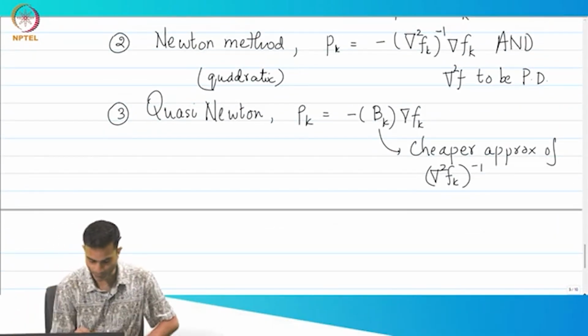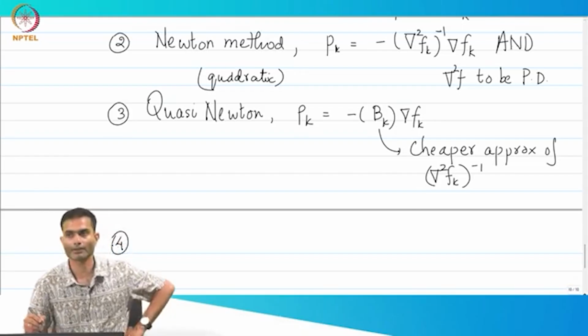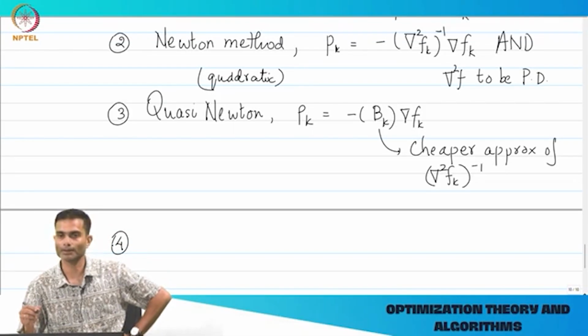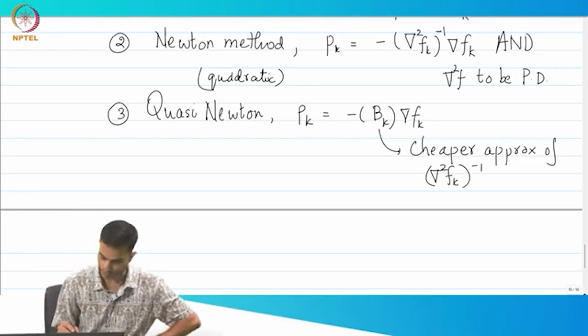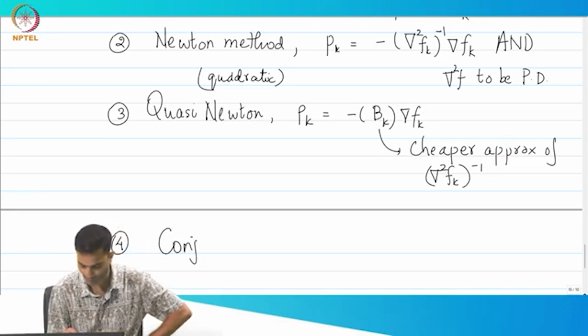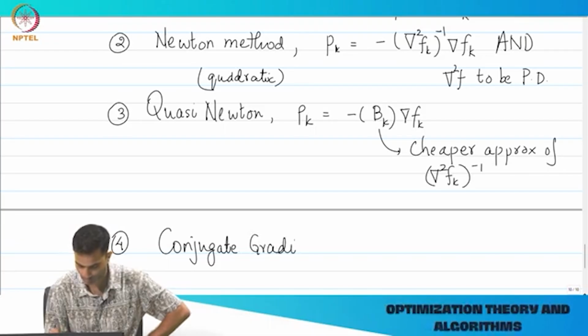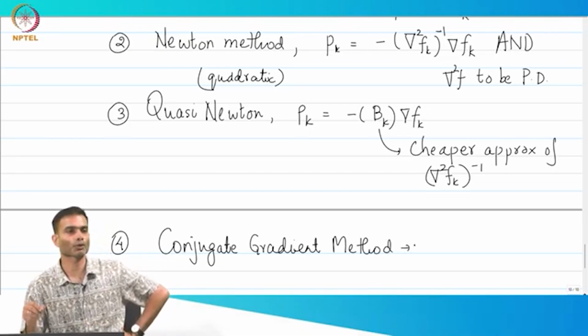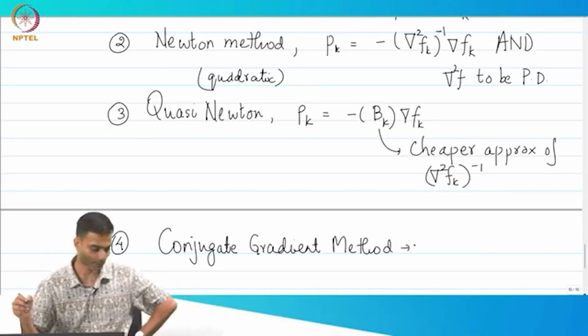Right? And the fourth method is something very interesting. It is based on the first order method, but much more clever than a first order method. Okay, many of you may have heard of it. It's called the conjugate gradient method. We will spend a fair amount of time on this conjugate gradient method as well.